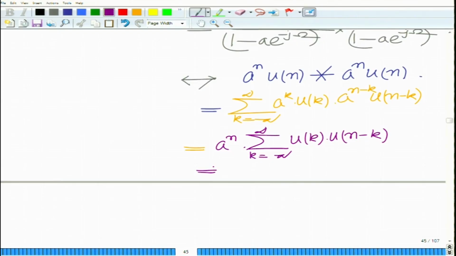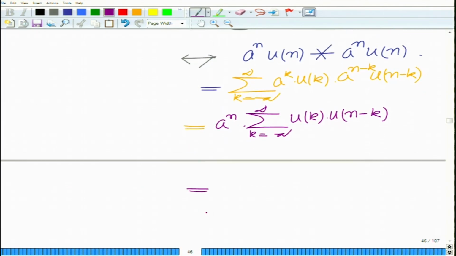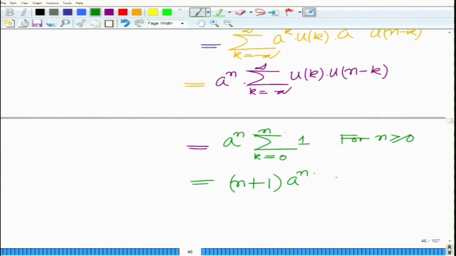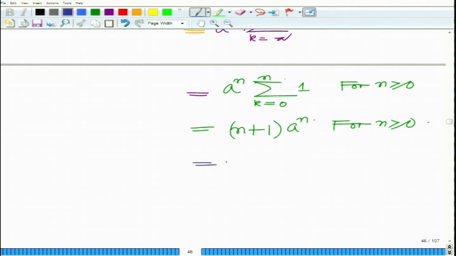So, for n less than 0 it is 0, and for n greater than or equal to 0 this is simply a raised to n times summation k equal to 0 to n of 1. So, this is n plus 1 a raised to the n for n greater than or equal to 0, and you can write this as n plus 1 into a raised to the n u n.